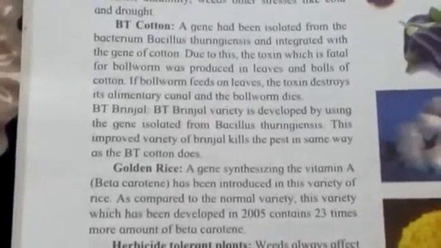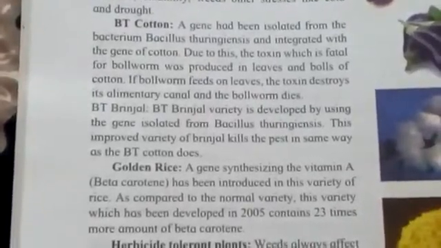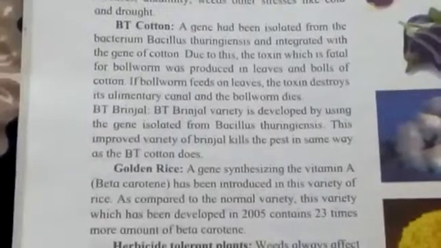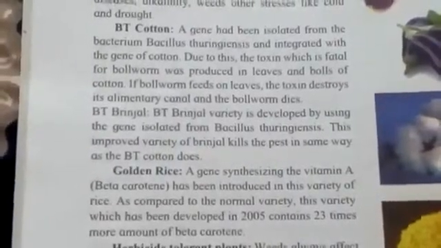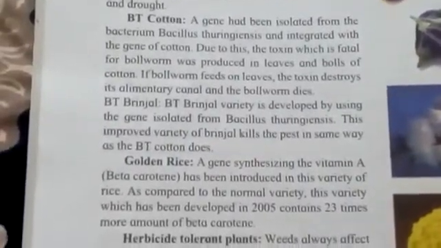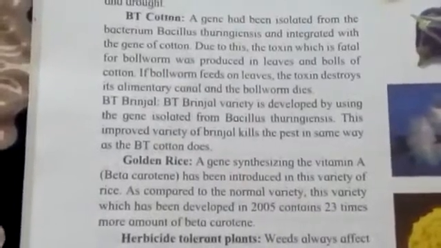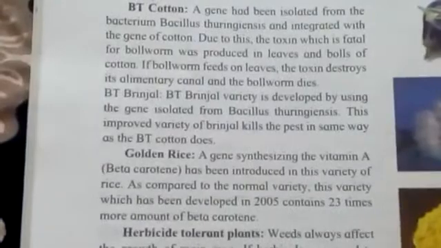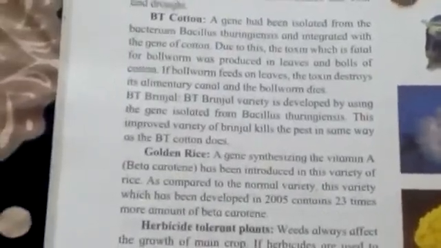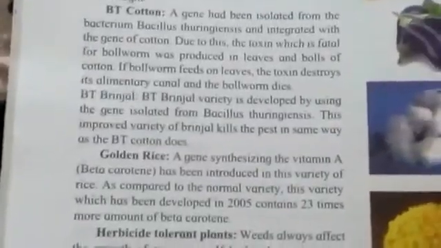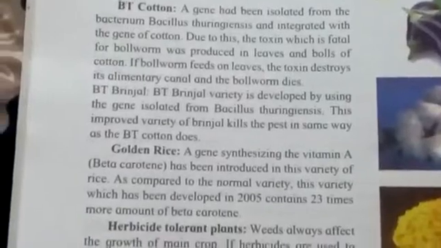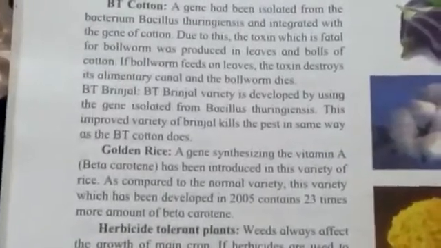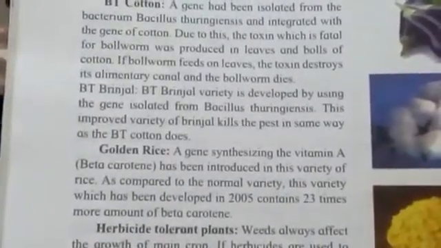And that is why you can get a higher yield of cotton, and it is also going to be disease resistant. In the same way, Bt brinjal has also been introduced, and the same gene from Bacillus thuringiensis is introduced into the brinjals. This improved variety of brinjal kills the pest in the same way as Bt cotton does.